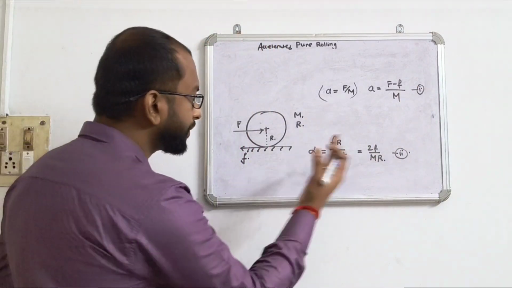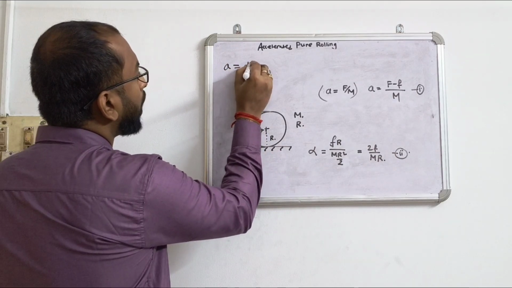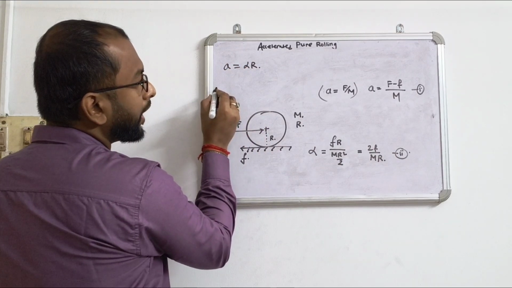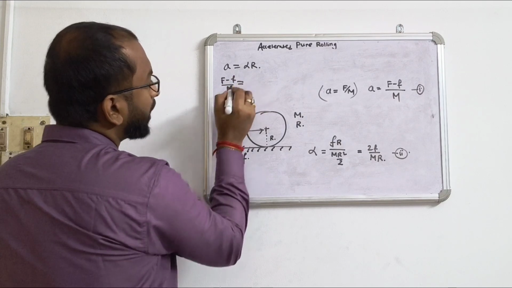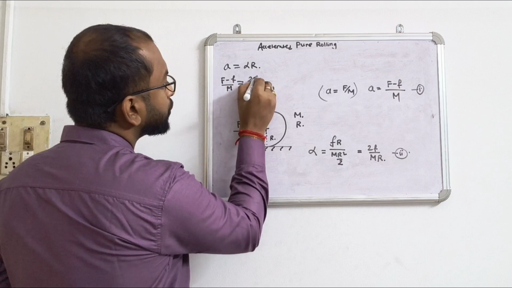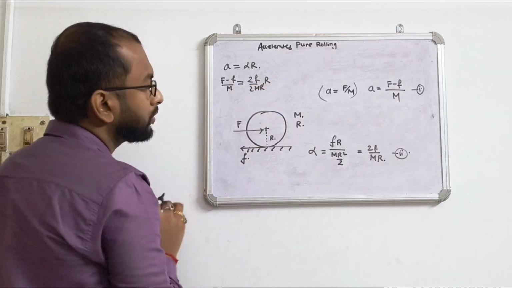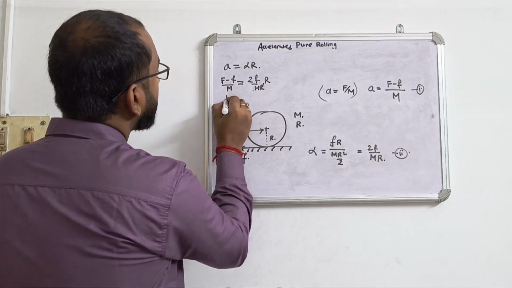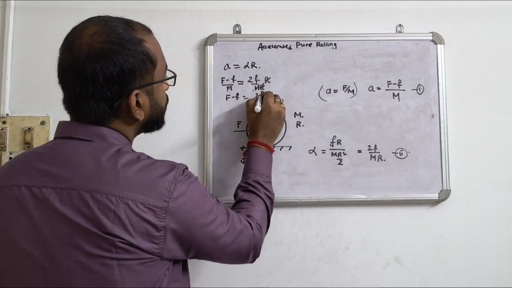Now in order to sustain the pure rolling motion, A should be equal to alpha into R. Now what is A? F minus f by m. That should be equal to alpha, which is 2f by mr, into R. So we are getting F minus f equals 2f, m gets cancelled, R gets cancelled.